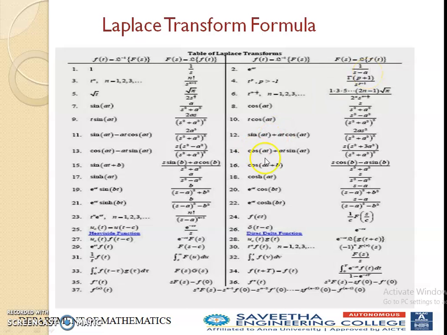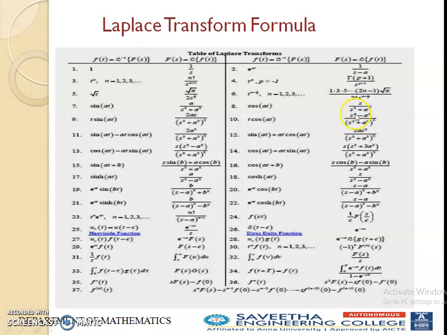Okay. Next one is a multiple of e power at formula. That is the shifting property. L of e power at cos bt can be written as s minus a divided by s minus a whole square plus b square. How can you remember this formula? We know L of cos at is s divided by s square plus a square.